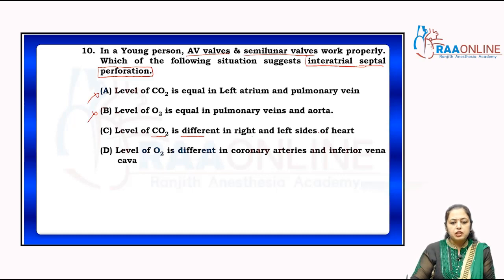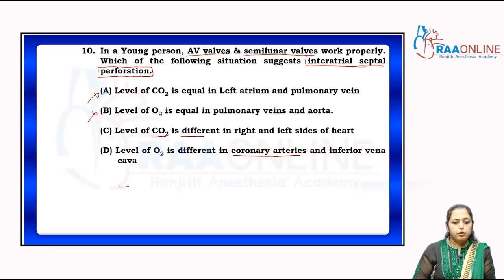So the level of oxygen is different in coronary arteries and the inferior vena cava, obviously, because in interatrial septal perforation there is a chance of mixing of blood.